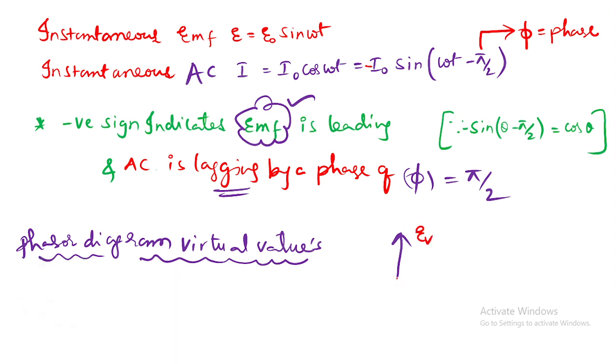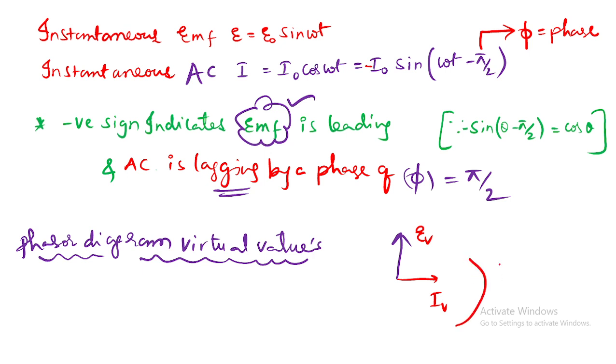The virtual value of current is lagging by how much here?